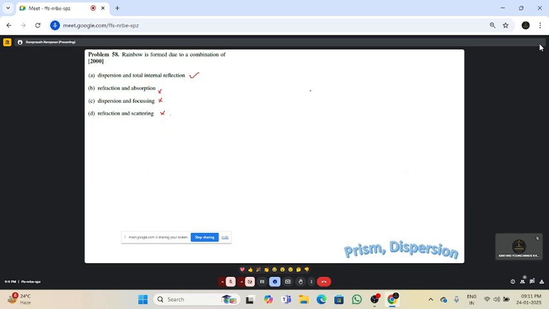Rainbow, I don't know if you have studied this. Water particles are like this. When sunlight goes in, it goes from rarer to denser. Instead of going straight, it will go towards the normal. It goes like this. Here again this will be the normal.